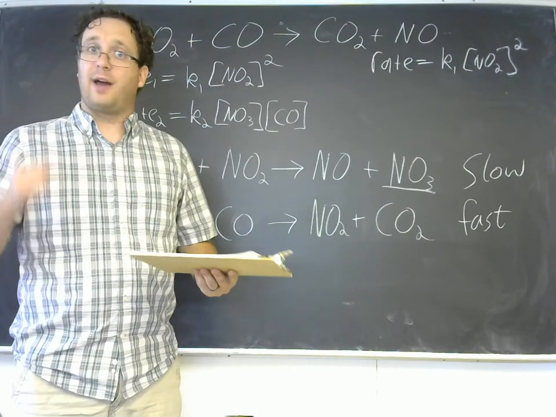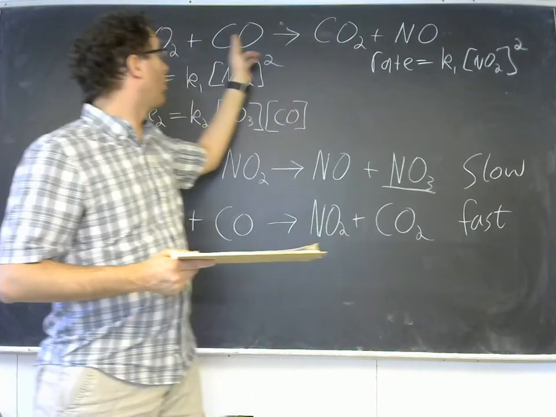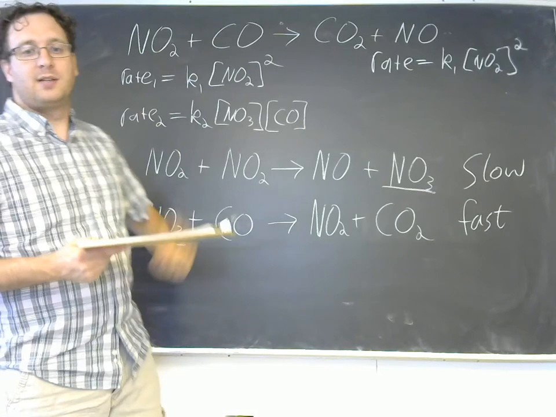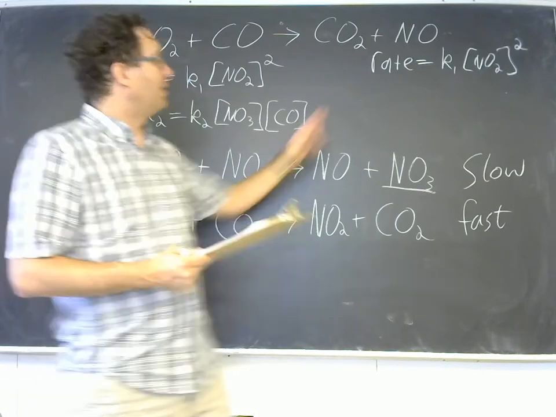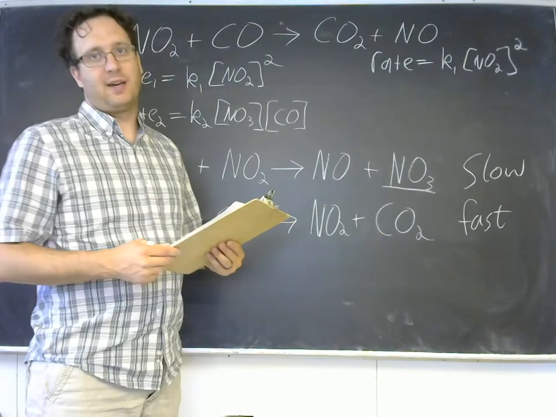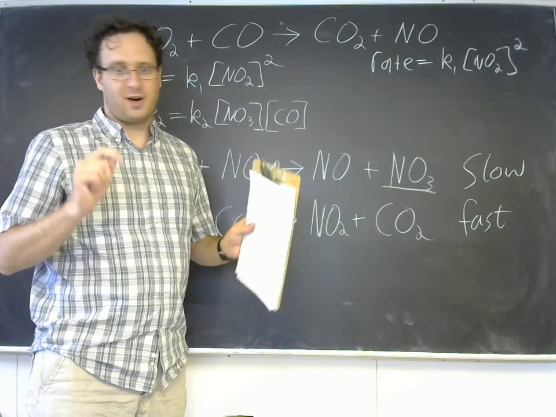Okay, let's think about it the other way. Suppose you carry out those experiments and you do find that this reaction is 0th order with respect to carbon monoxide, 2nd order with respect to nitrogen dioxide, and so its overall rate law matches what this mechanism predicts. Does that prove that this mechanism is accurate? No, not quite.